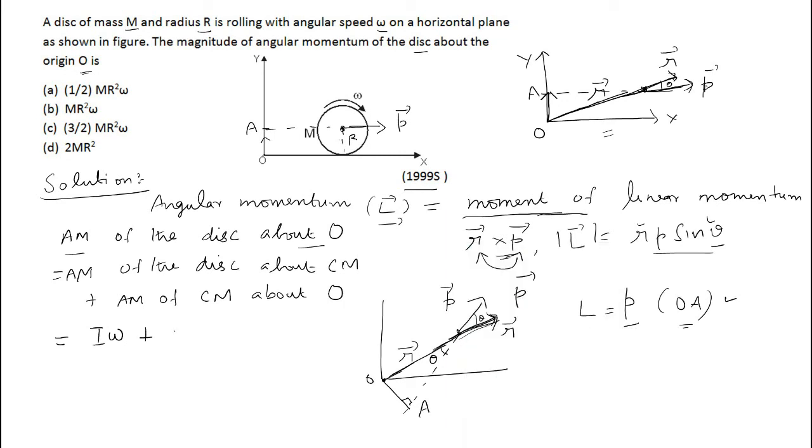Linear momentum is m into VCM. Perpendicular distance is OA. OA is nothing but capital R. So what is I? mr squared by 2 because it is a disk, omega, plus m VCM R, and VCM is again R omega.